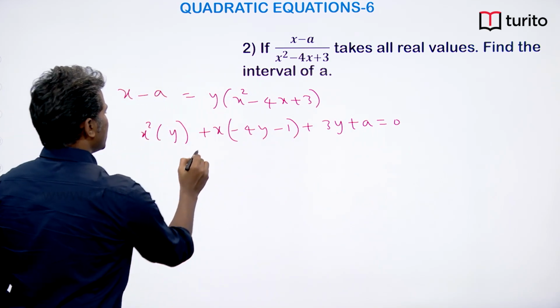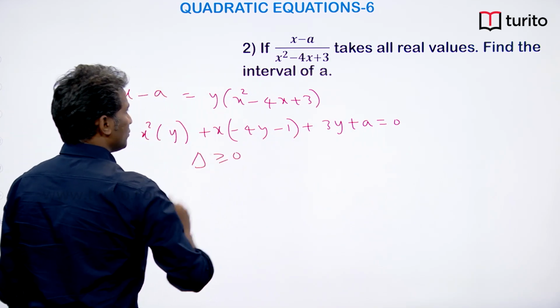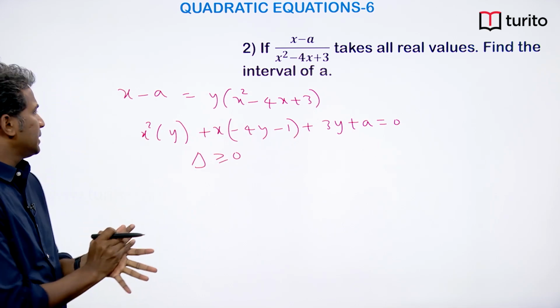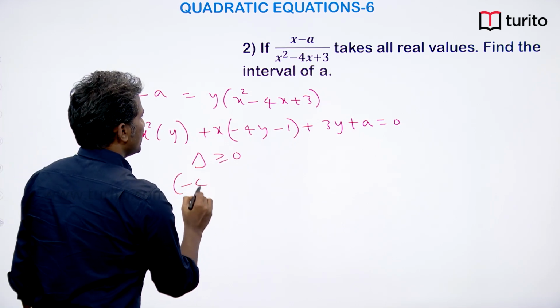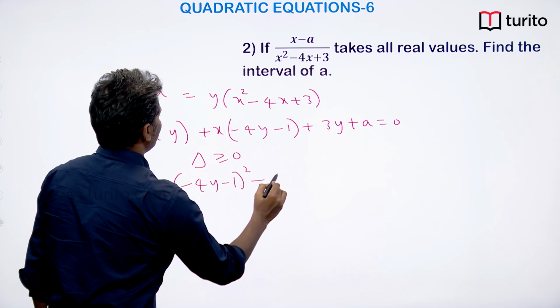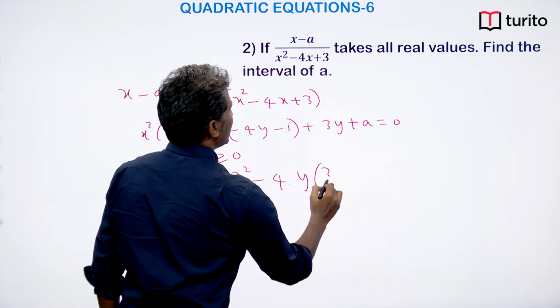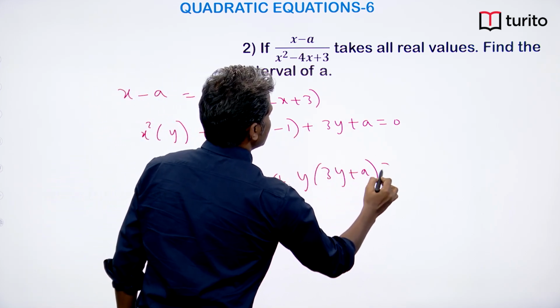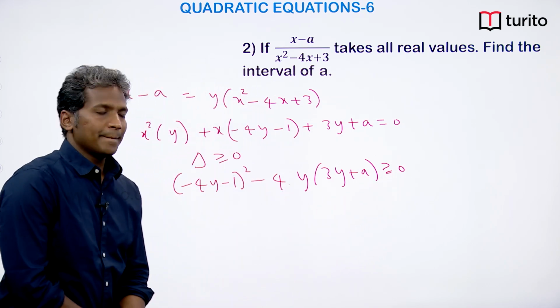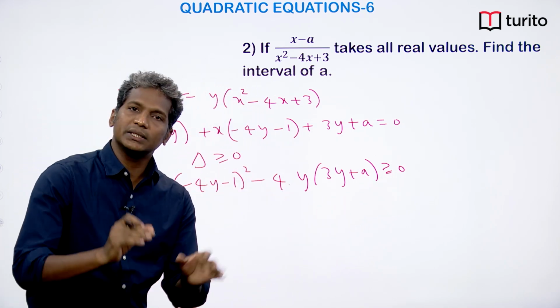Now, when I apply the condition that delta must be greater than or equal to 0, what do I get here? I get minus 4y minus 1 whole square minus 4 into y into 3y plus a, and this must be greater than or equal to 0. Now, we have to simplify it in the regular manner.